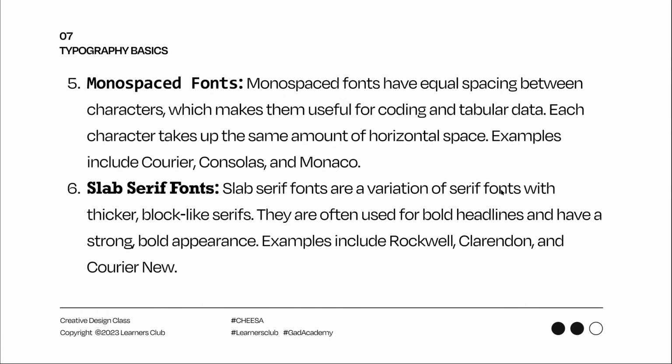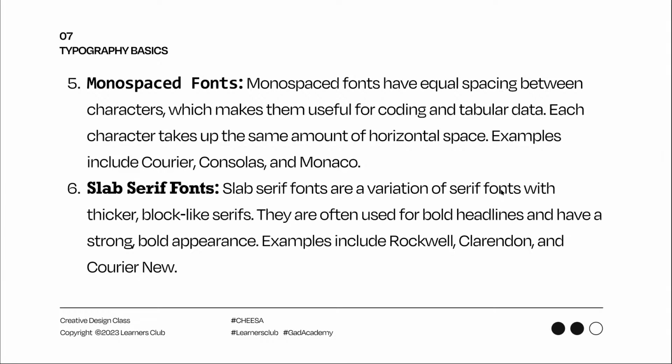Slab serif fonts. These are fonts that have a variation of serif fonts with thicker or block-like serifs. So simply, slab serif fonts are just a variation of serif fonts.